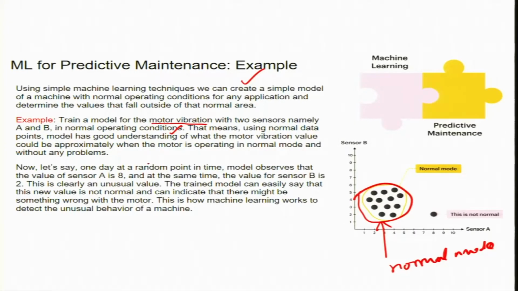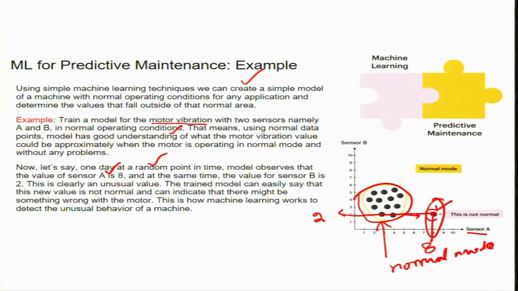Normal mode falls into this particular area. Now, let us say one day at a random point in time the model observes that the value of sensor A is 8 here. That means it is away from the normal, and the value of sensor B is still 2. So, you can see that the value of sensor B is 2, whereas for sensor A the value becomes 8.